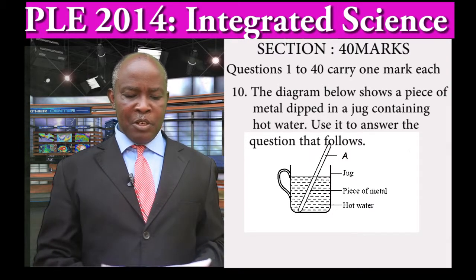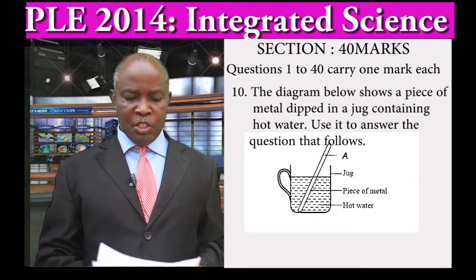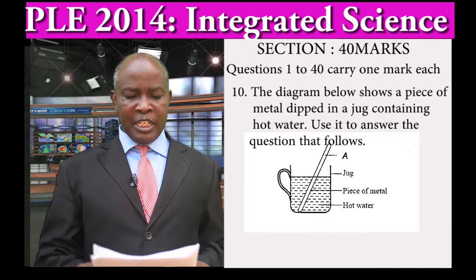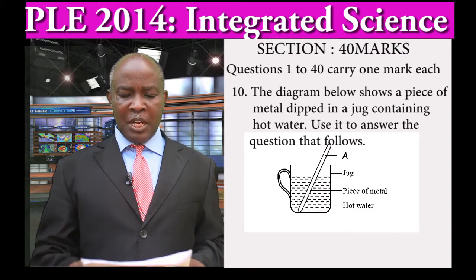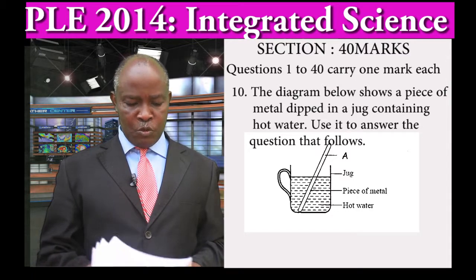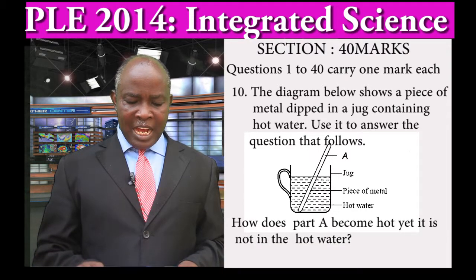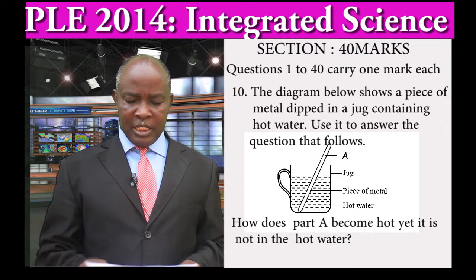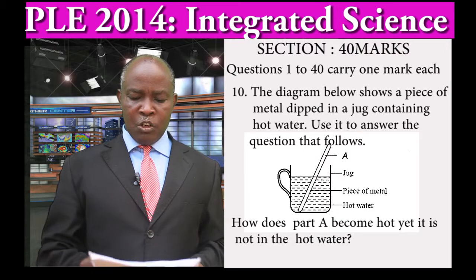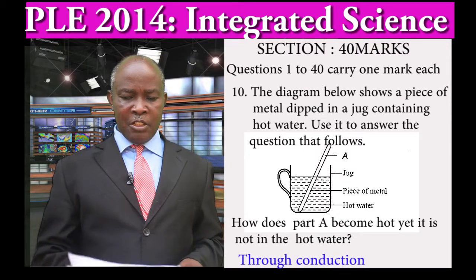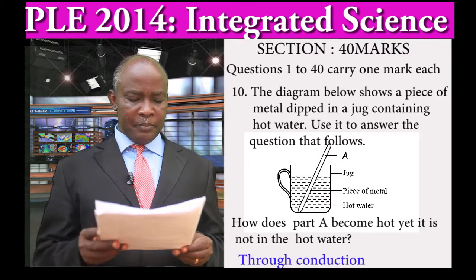The diagram below shows a piece of metal dipped in a jug containing hot water. Use it to answer the questions that follow. How does part A become hot yet it is not in hot water? Through conduction. It travels in solid through conduction.